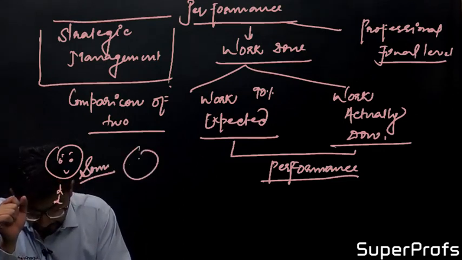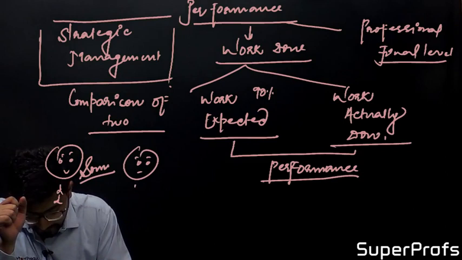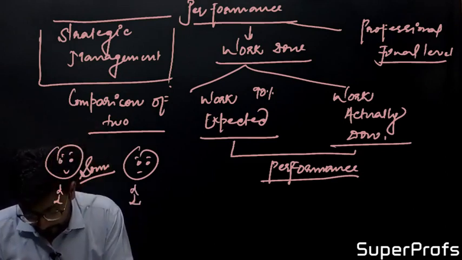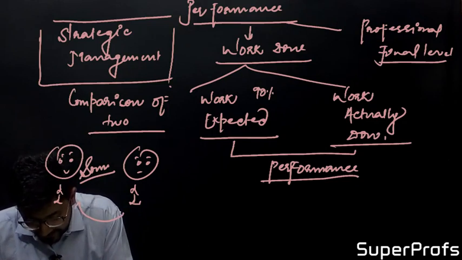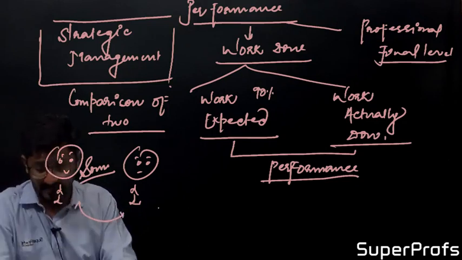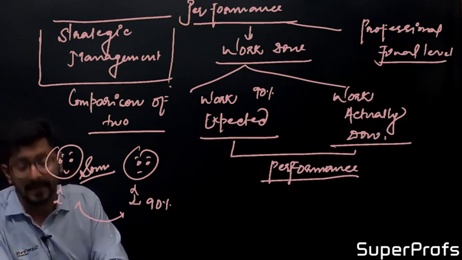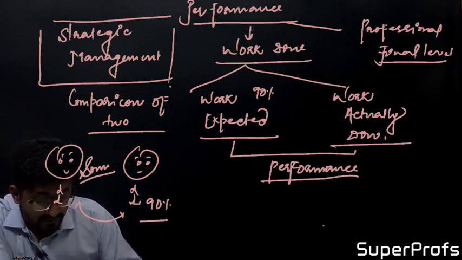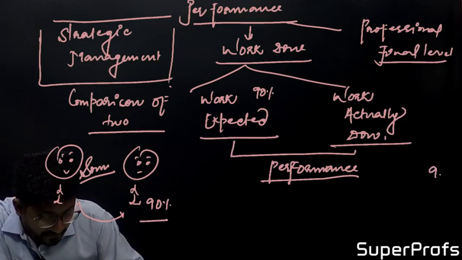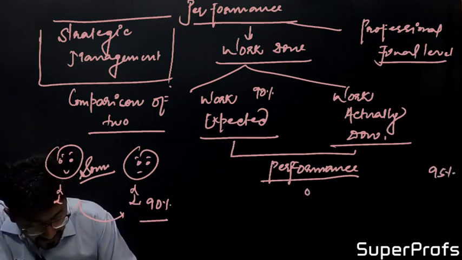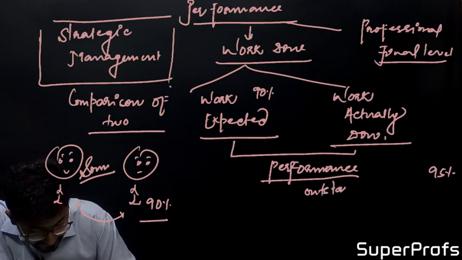His father, who is a businessman and always thinks of profit, expects that my son scores 90% in class 12th. But if his son scores 95%, then he will be very happy. And this performance is known as outstanding performance.